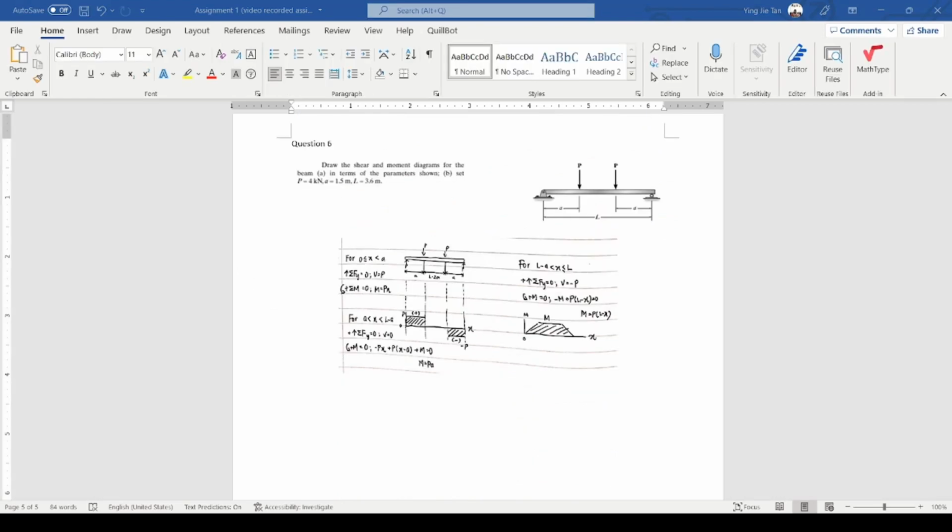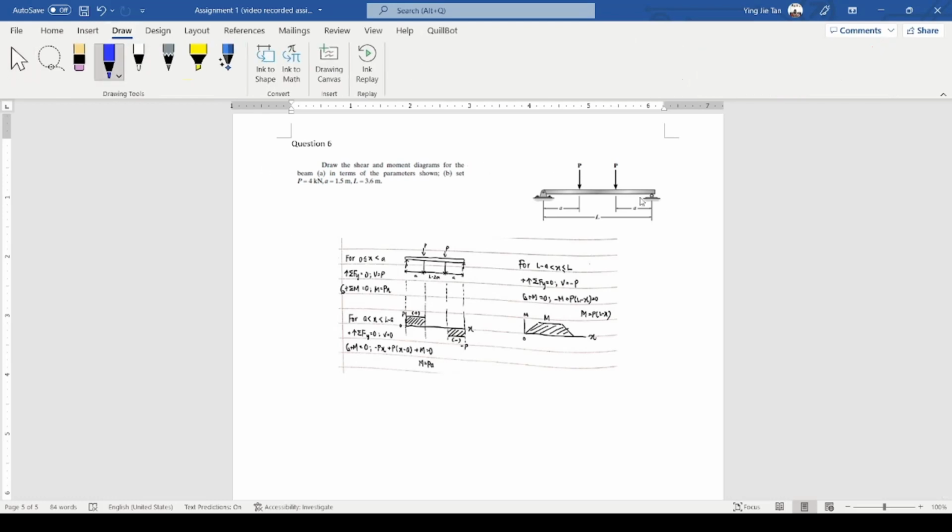Okay, so now we have come to our last question, which is question 6. Right here you need to draw out the free body diagram so that you can consider that. So at 0 smaller or equal to x smaller than a, your free body diagram will be like this.